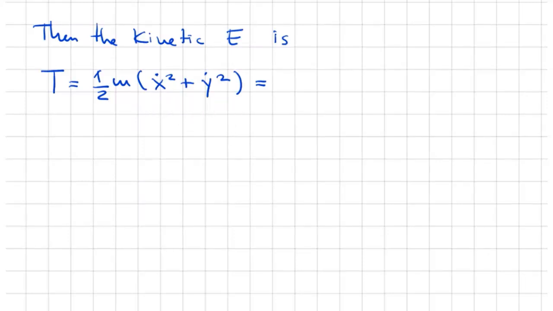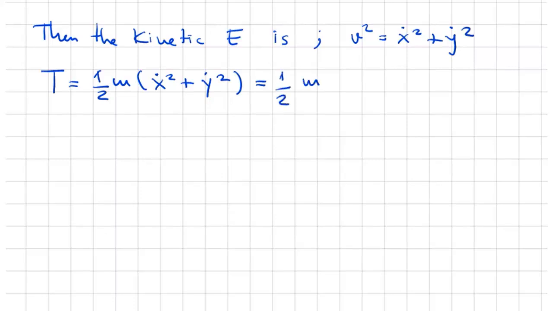I will write it down here. Let's see, we have our velocity squared, the composition of the components of the velocity. We have this expression, and this is going to be 1/2 of the mass.